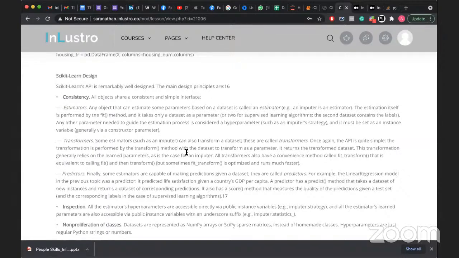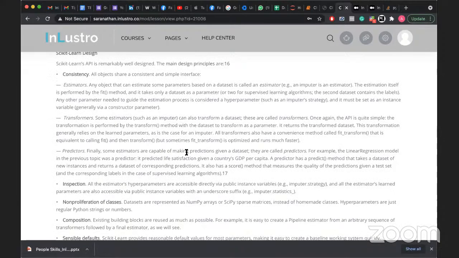Right. So we had estimators, transformers, predictors. Inspection: all the estimators' hyperparameters are accessible via public instance variables, like imputer.strategy, and all the estimators' learned parameters are accessible via public instance variables with an underscore suffix, like imputer.statistics_.